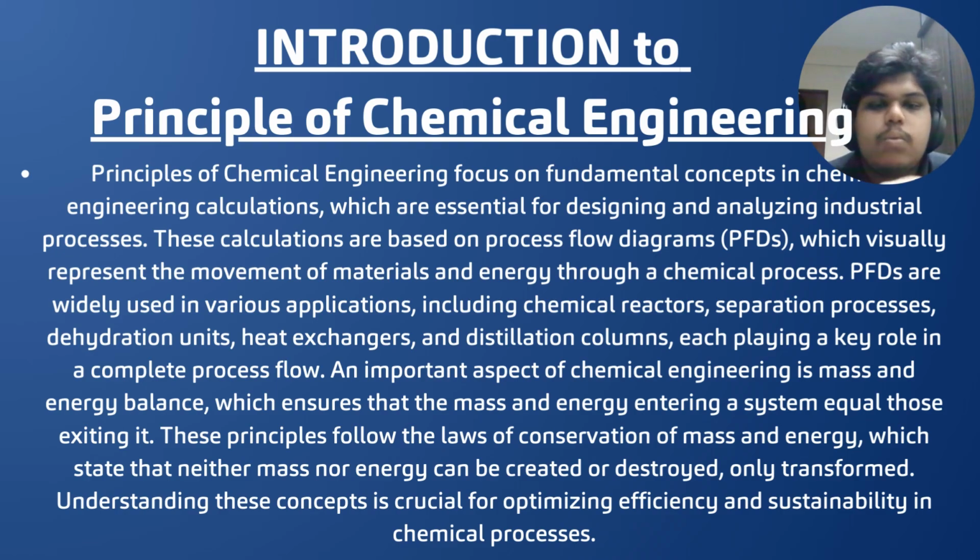It ensures that what goes into a process equals what comes out. This follows the laws of conservation of mass and energy, meaning nothing is created or lost, only transformed in mass or in energy. These principles help engineers optimize processes, reduce waste, and improve efficiency.